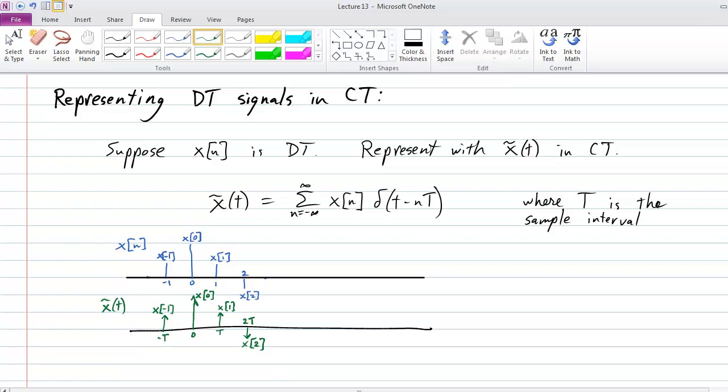This is the most natural way to do it. You can convert it back and forth. If you have a signal in continuous time made only of delta functions at uniformly spaced intervals, then you could represent that in discrete time if you wanted. Okay. So let's look at how these two signals relate under their respective Fourier transforms.